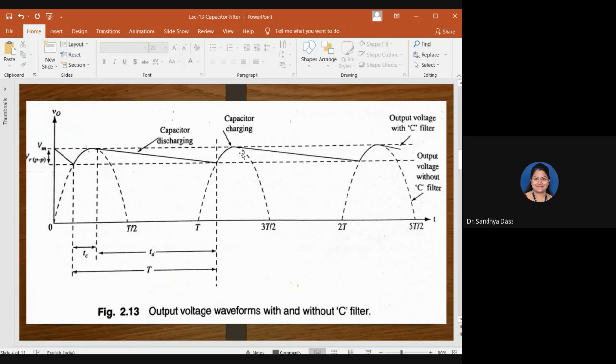In the next cycle, what happens? Say the capacitor is just discharging via RL, and the voltage across the capacitor is slowly reducing. So it has reduced to this point.